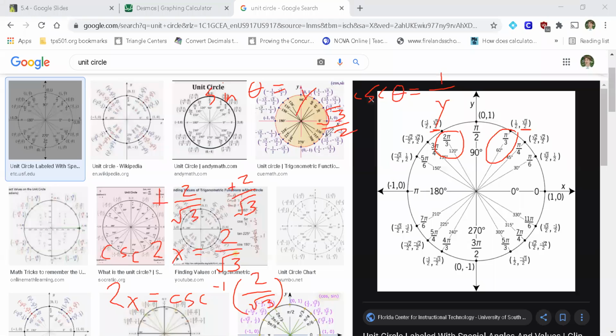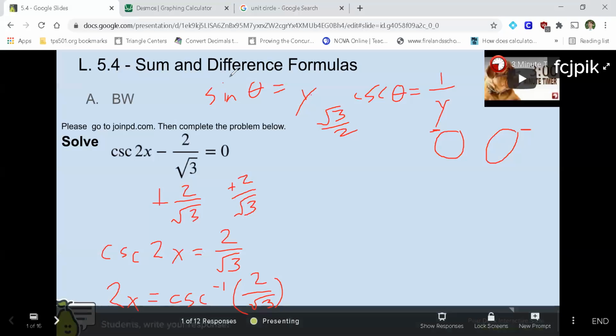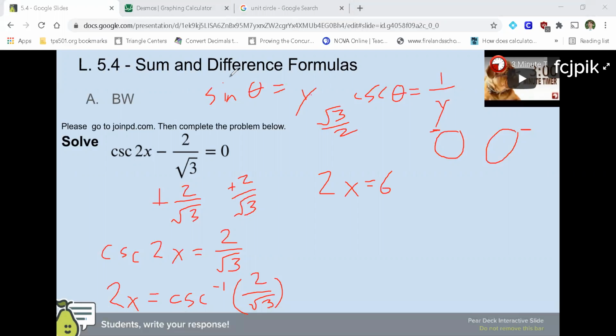Okay, so here's the new thing though. What you'll get is that you're not done. So you're going to have 2x equals 60 and 2x equals 120.